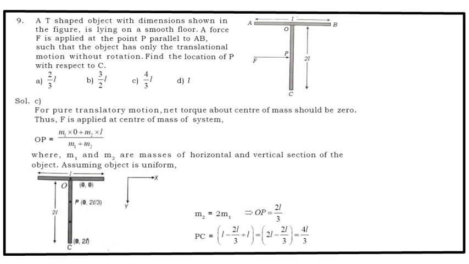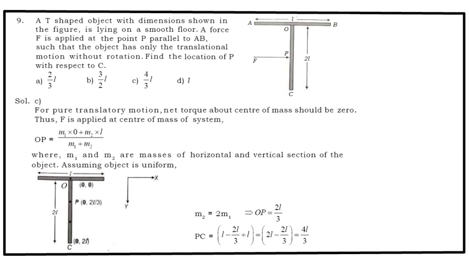For pure translatory motion, the net torque about the center of mass should be equal to 0. Thus, F is applied at the center of mass of the system. I consider the origin at point O as shown in the diagram. The coordinates of that point would be 0, 0.